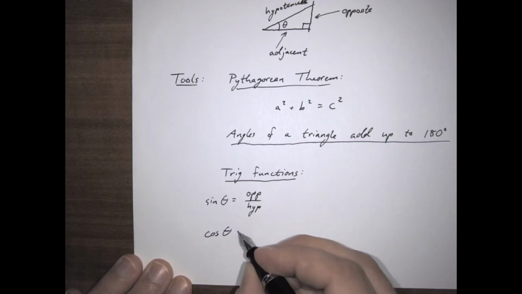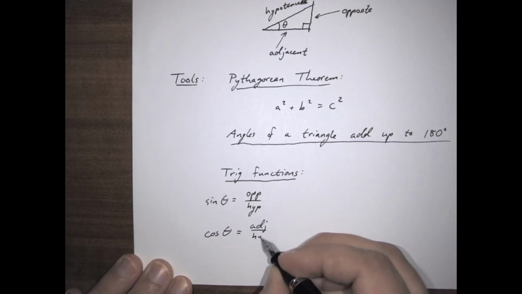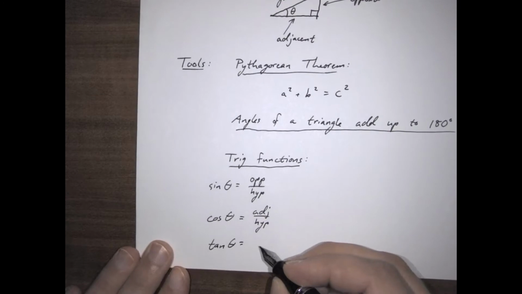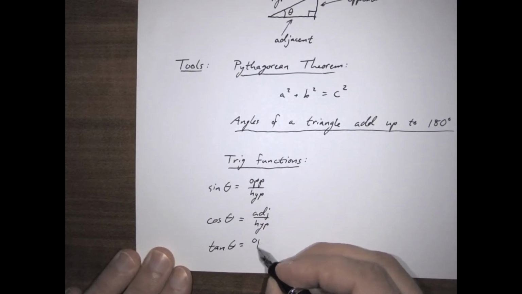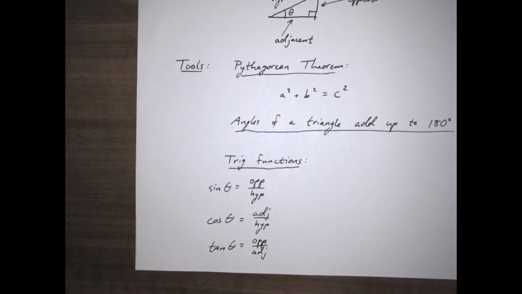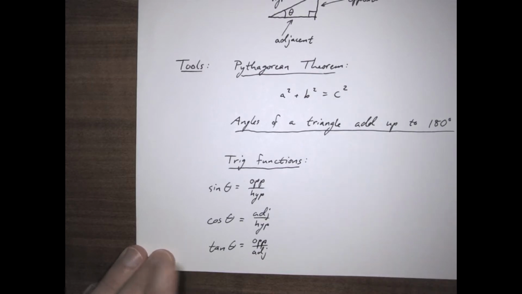Cosine theta is equal to the adjacent over the hypotenuse. And tan theta is equal to opposite over adjacent. And then the reciprocal functions would all just be the reverses of these, but we don't really focus on those so much as we focus on the three primary functions.